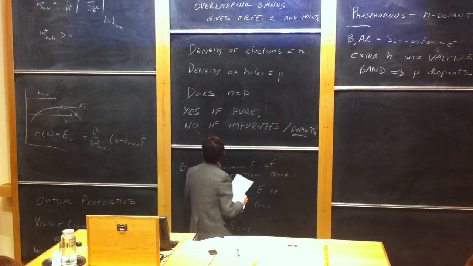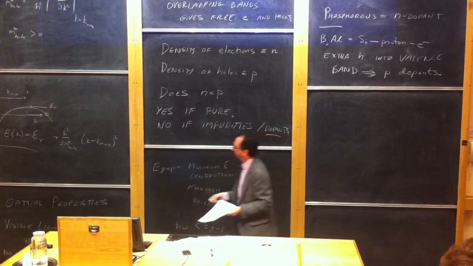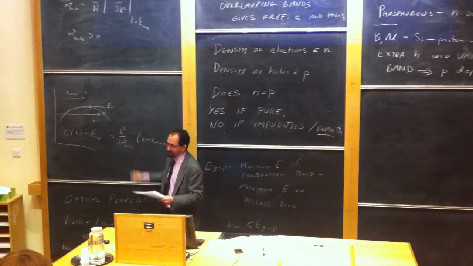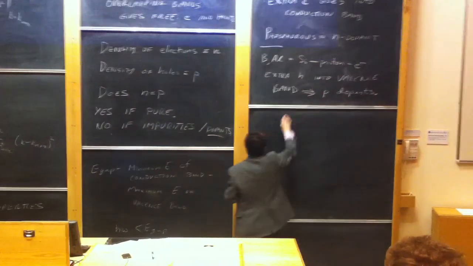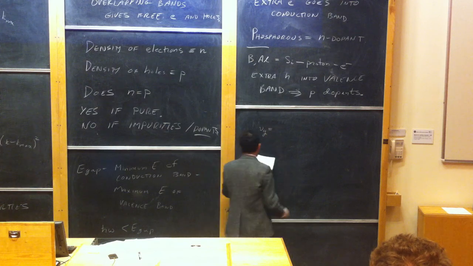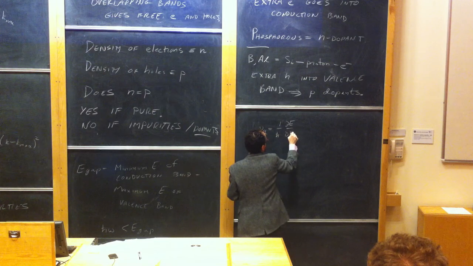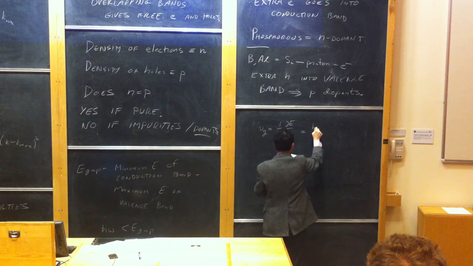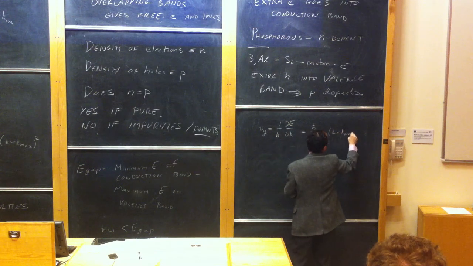It looks exactly like what we have for the electron, and again, it looks like a quadratic spectrum. It looks like a free particle with a positive mass. And we can justify treating this as a particle with a positive mass, again, by calculating the group velocity. dE dk is h bar over m star hole times k minus k max.